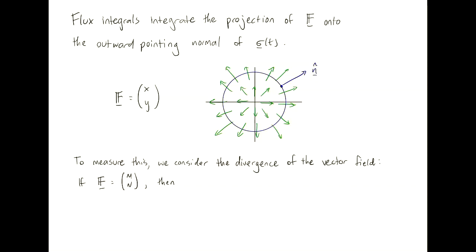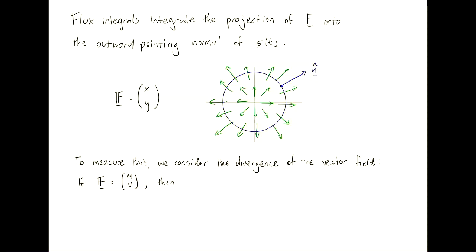And to measure this, well, look, if we're acting perpendicular to this circle at least, you might start to think that the divergence is going to be relevant here. And this would be true. So maybe we should calculate the divergence and see where this takes us. So to measure this, we're going to want to consider the divergence of the vector field. I spent the last hour talking about curl.